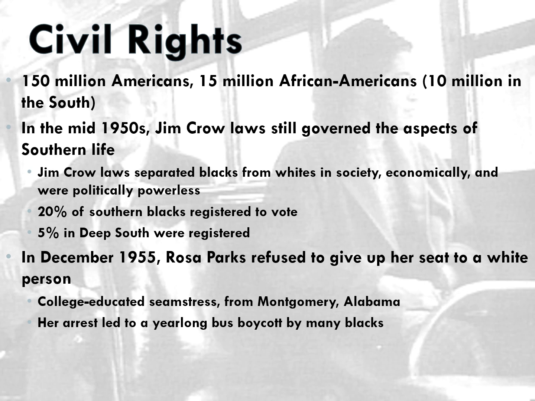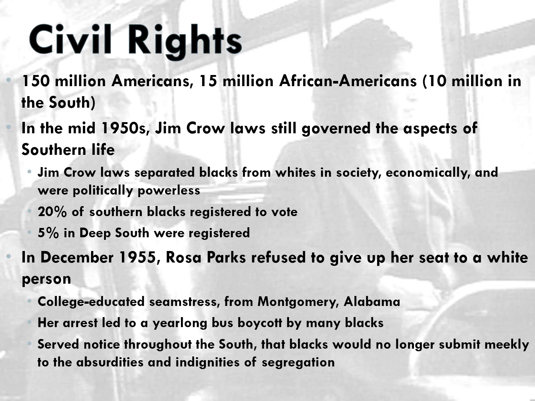And when the buses got no money, they finally consented to desegregating their buses. And this really served notice throughout the South that blacks just aren't going to submit to this kind of indignity anymore. And so the civil rights movement is on.